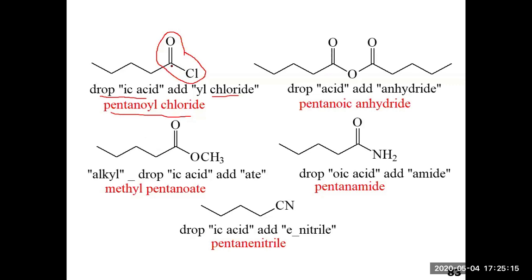So, for example, this one is carbon number 1, then carbon 2, carbon 3, carbon 4, and carbon number 5. If this is a carboxylic acid, then this is named pentanoic acid. But since we have an acid chloride, the final name is pentanoyl chloride.